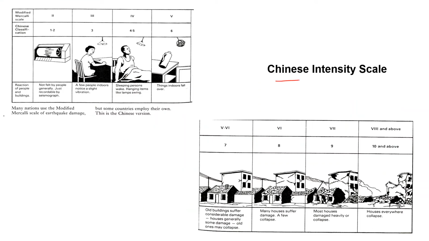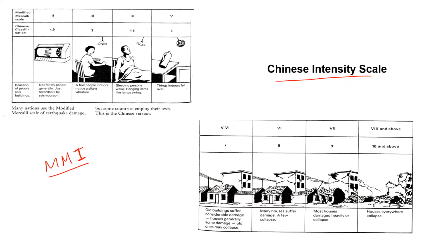The Chinese intensity scale even gives the description of damage as well as pictures, which can be used to record observations and then assign a particular intensity at a particular observation site. Although the MMI, modified Mercalli intensity, is the most commonly used scale, different individual countries have their own scales also.